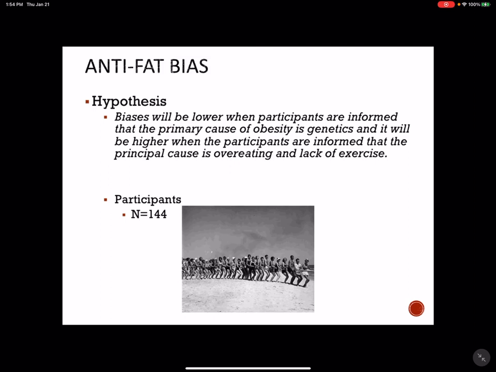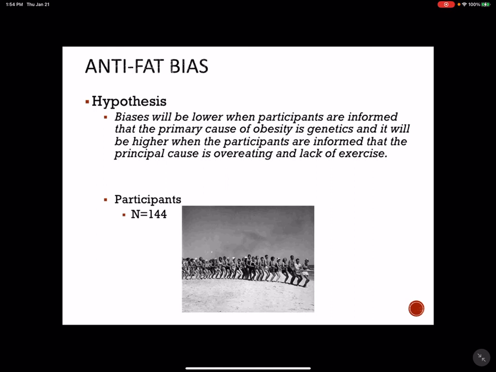Okay. So this study was really interesting. The literature review basically said that a lot of the obesity prejudice in this country, and there is obesity prejudice, and the worst thing about it is sometimes people that are obese themselves are prejudiced towards themselves, and this prejudice makes it difficult for them to get healthy.